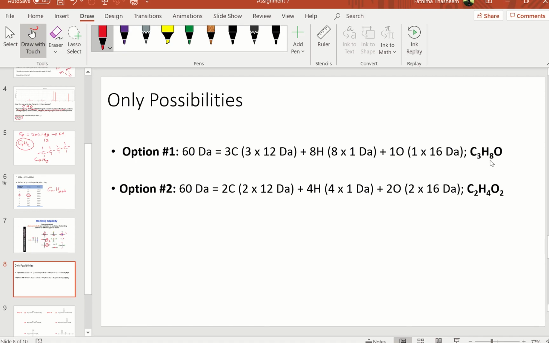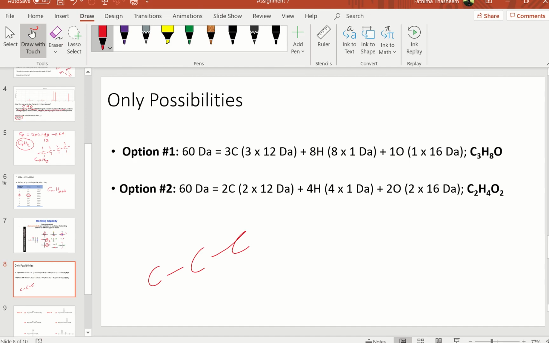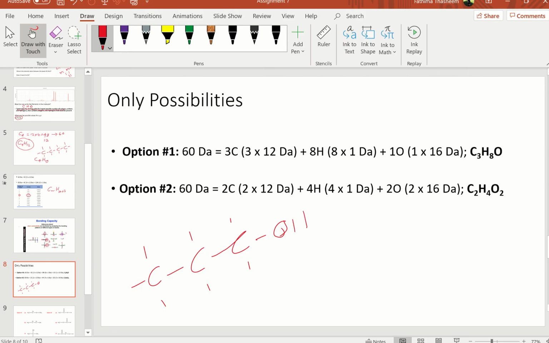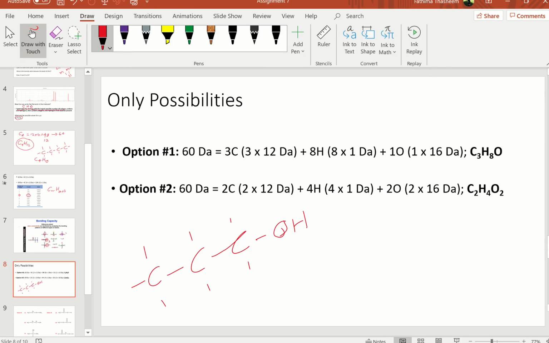If you have C3, first I would draw the 3 carbons in a stretch, then put the oxygen at the end, and then put the hydrogens such that they fulfill the bonding requirements of the carbons and the oxygens. So this could be a possible structure for option 1.